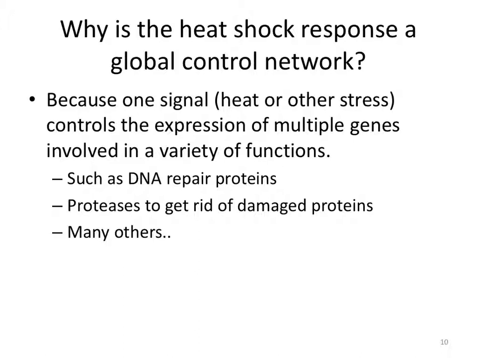For example, DNA repair proteins, proteases to get rid of damaged proteins, and many others such as proteins involved in controlling the timing of cell division. So this is a global control network because one signal triggers control over a variety of different genes involved in a variety of different, seemingly unrelated functions.